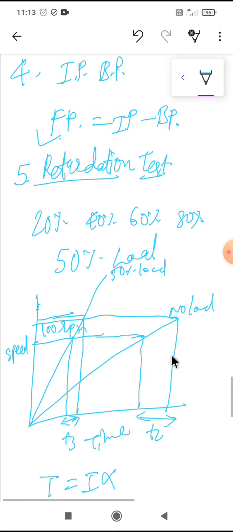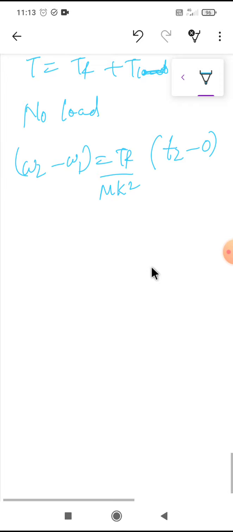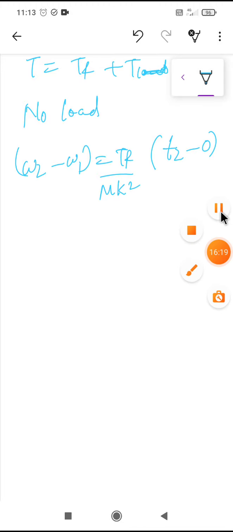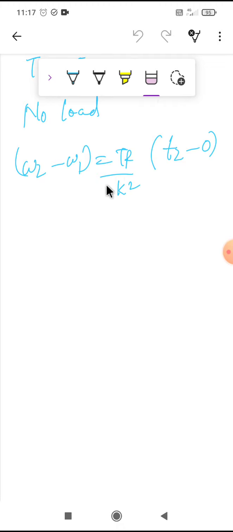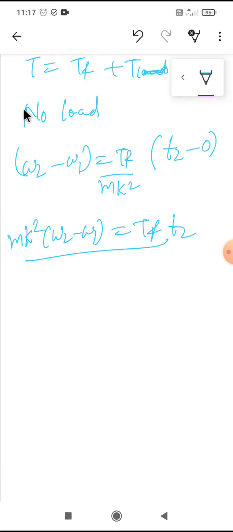If we bring mk square to the left, we get mk square into omega 2 minus omega 1 is equal to Tf into T2. This we got from the no load condition.